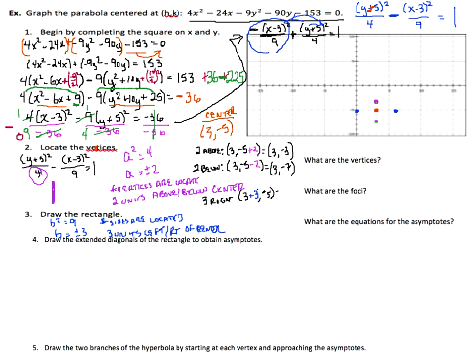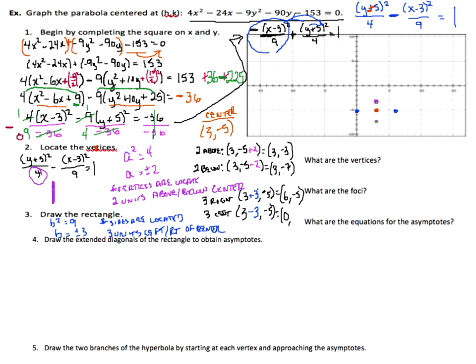-5 gives us 6, -5, which is this point here. Okay? And 3 to the left, I have 3 - 3 this time, -5.